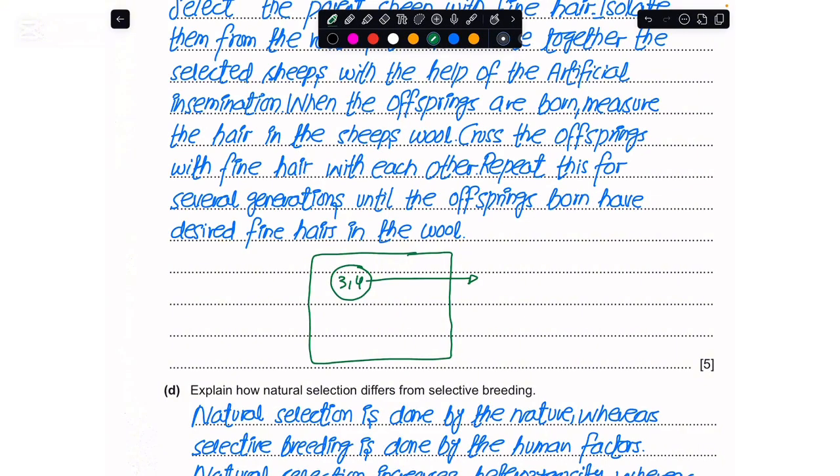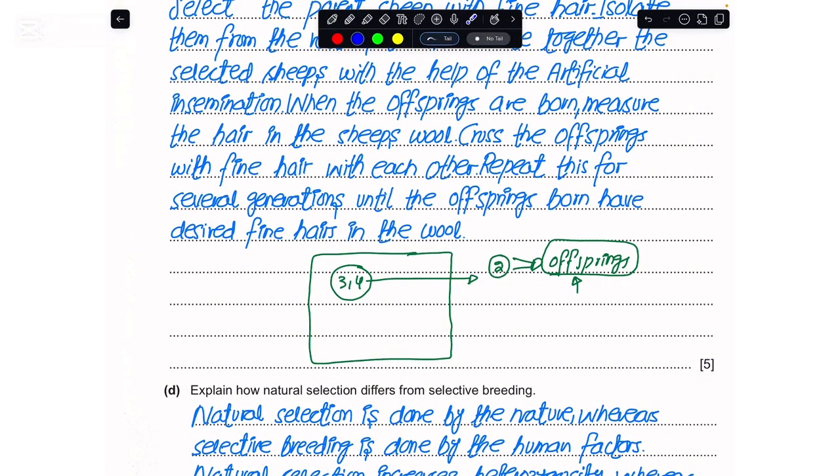Next, I would cross these two or three or four sheep that I have separated with one another. When I cross them, we would obtain offspring, and we would evaluate how many of the offspring again have wool with thin hair, and those offspring would be beneficial for me.